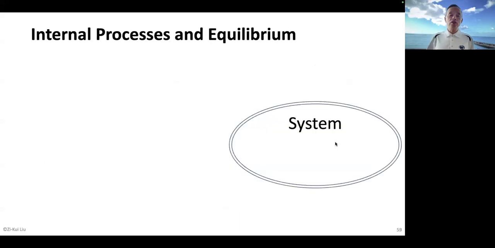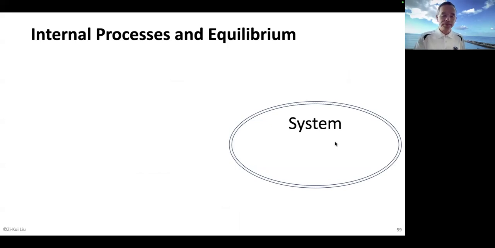So then we talk about internal processes. We defined the external variables and the internal variables, and the internal variables represent or describe the states of a system. So the system can change from one state to another state.